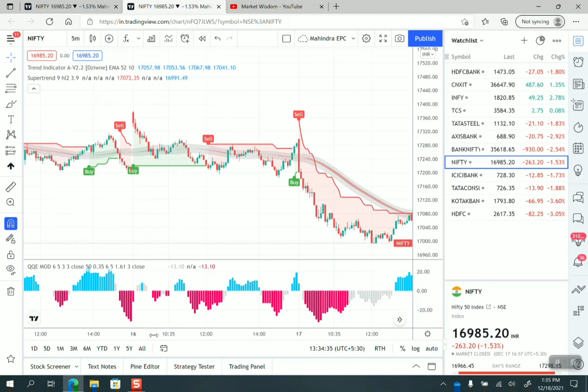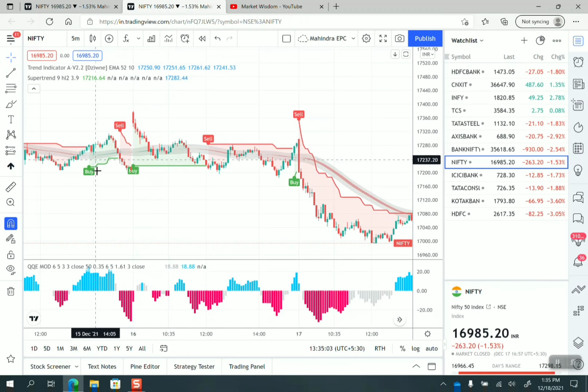But the oscillators are not giving proper confidence with all the blue lines. Only one blue line formed, and then it faded away. So no need to initiate the trade in this particular scenario as well.